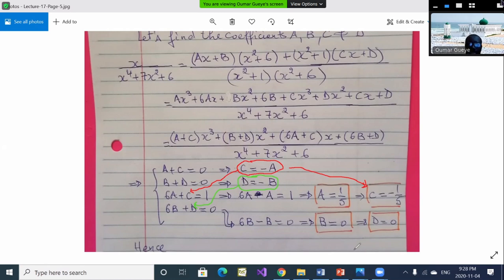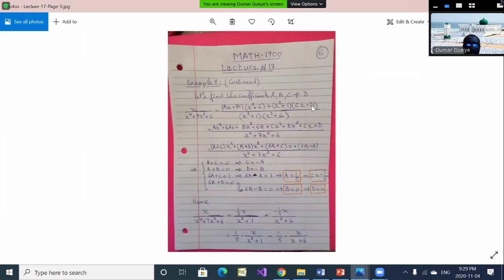All right. So now knowing the coefficients a, b, c, and d, we're going to substitute these coefficients by their values in the partial fractions.